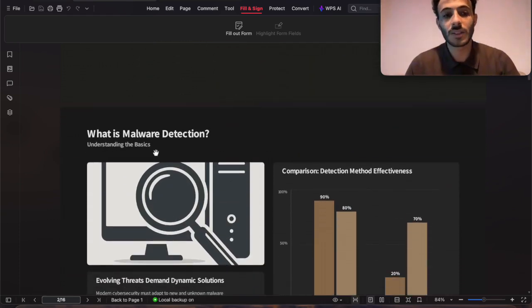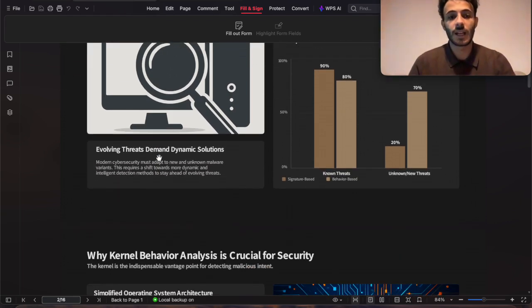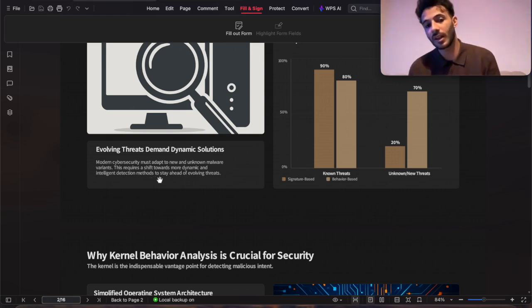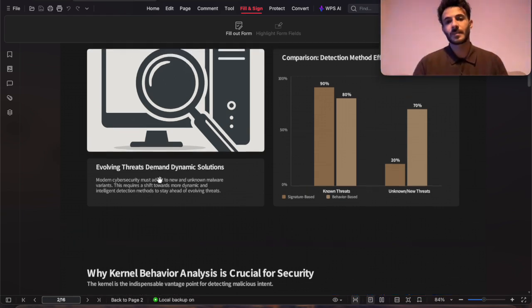Firstly, what is malware detection? We understand the basics: evolving threats, dynamic solution. Modern cybersecurity must adapt to new and unknown malware. This requires a shift towards more dynamic and intelligent detection methods to stay ahead of evolving threats.